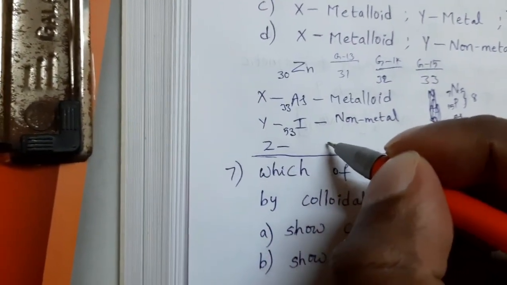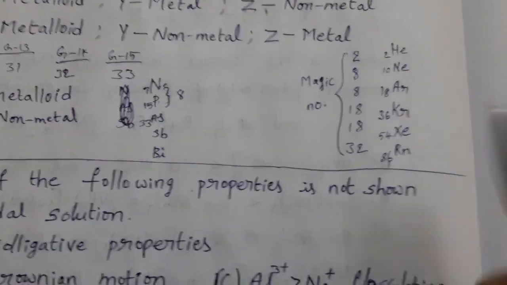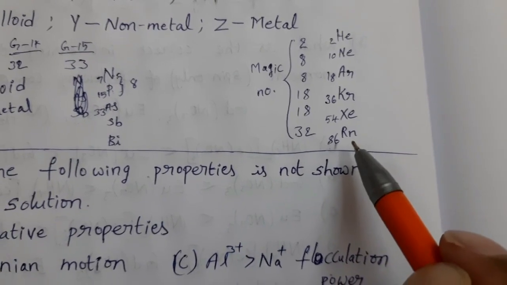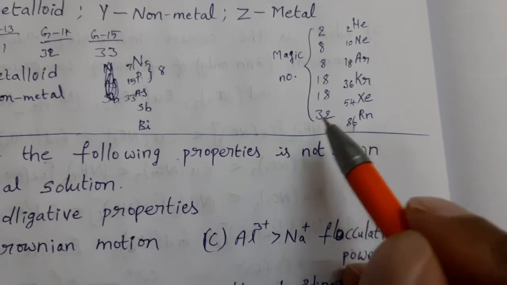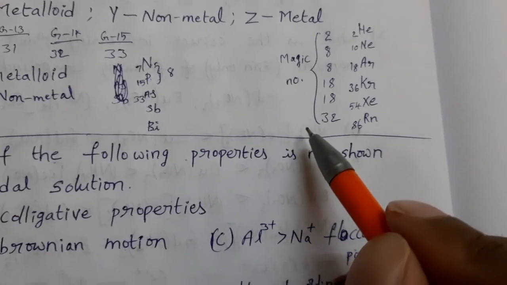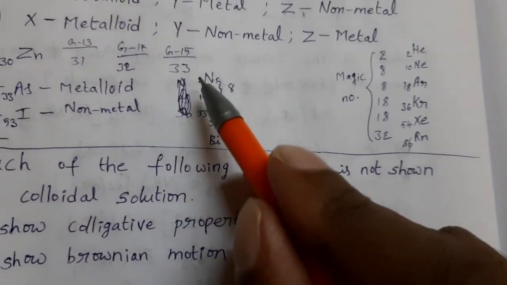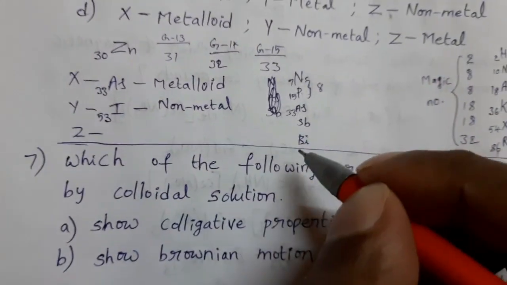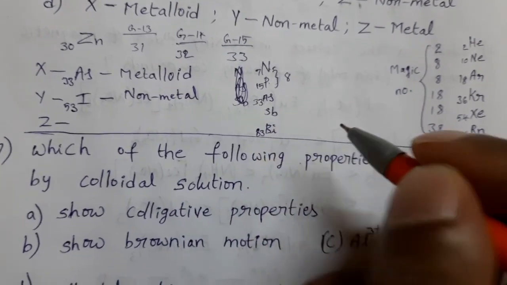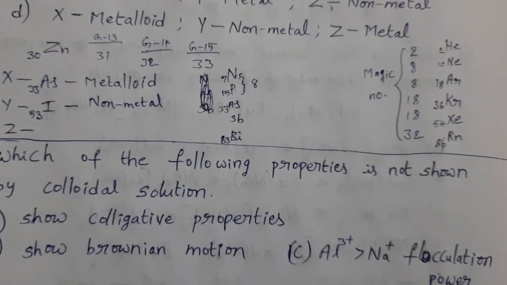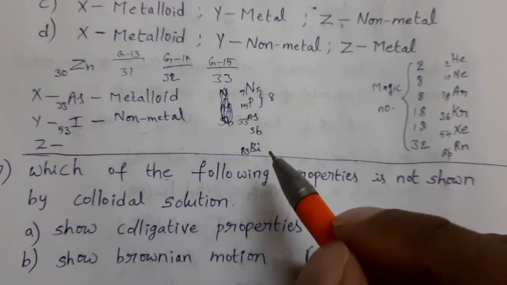Next, Z. What is the atomic number? 83. See here, radon 86. Before that, group 17 is 85, before that group 16 is 84, and before that group 15 is 83. So bismuth is 83.